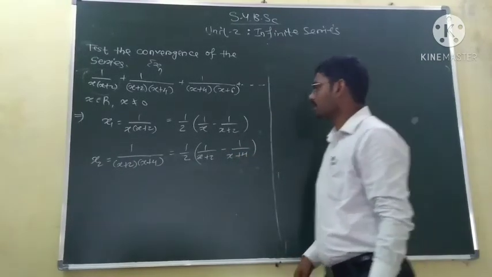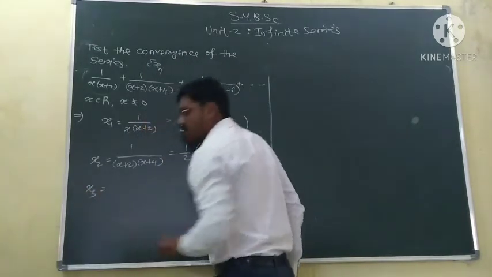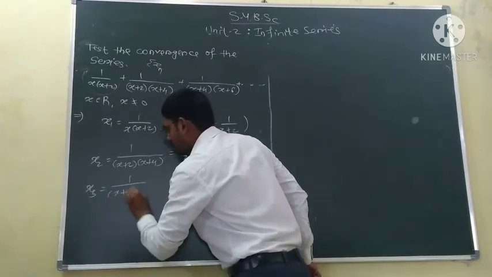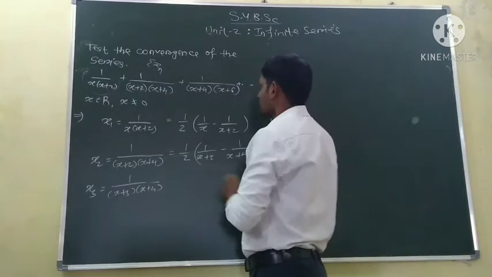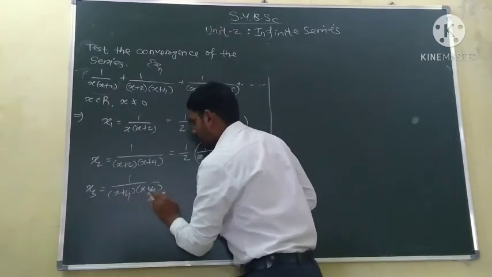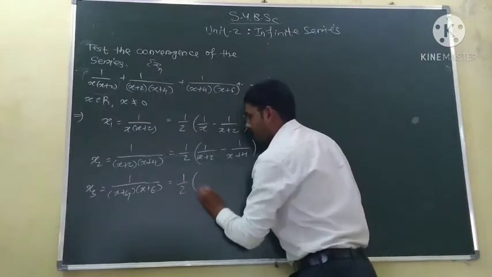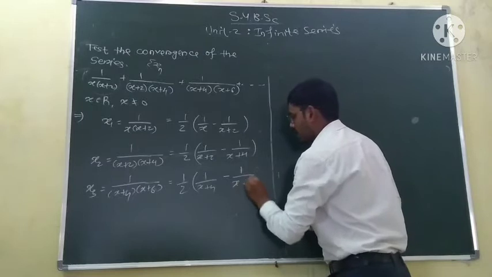Then the term x3 is equal to 1 upon x plus 4 into x plus 6, which is half of 1 upon x plus 4 minus 1 upon x plus 6.